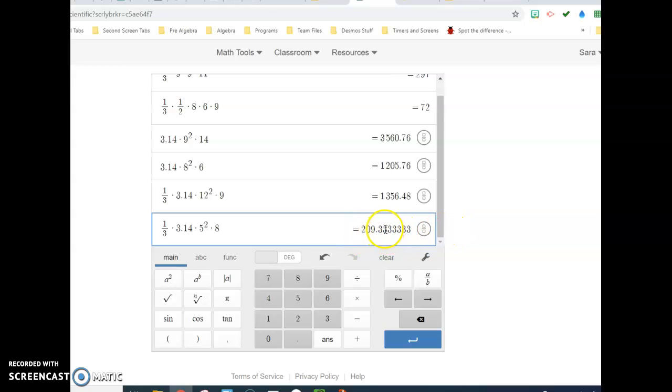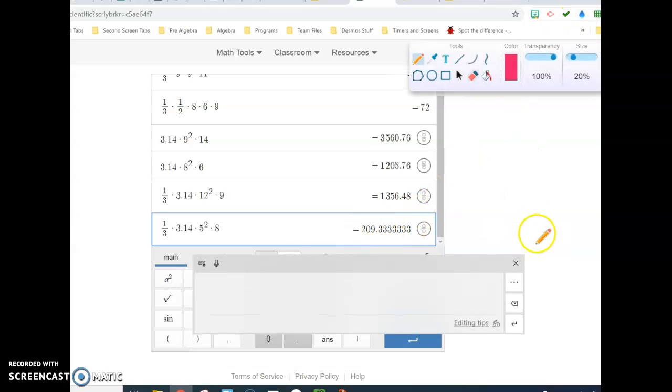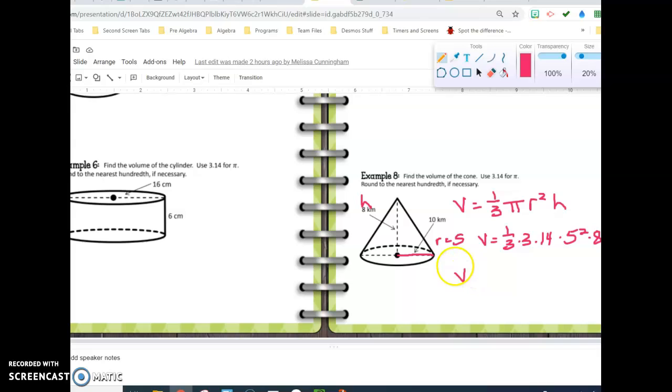So we want to cut it off after the second 3, and we look to the right, and since 3 is less than 5, we aren't going to round up, we're just going to keep it the same. So my answer is 209.33. Let's come back here, and I can write my final volume as 209.33, and again, the units are kilometers, and it's cubed.